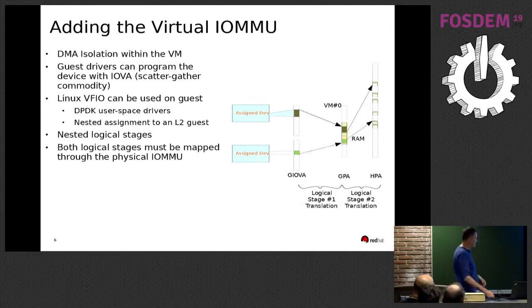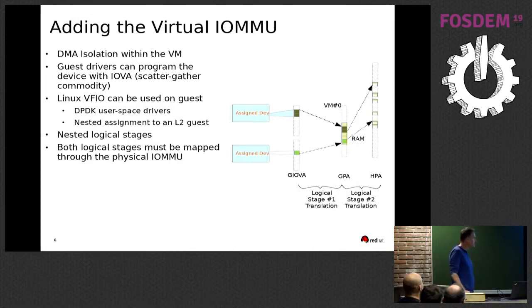And in the Linux context, this means that as you expose a virtual IOMMU, you can also use the VFIO PCI driver on the guest. This is especially useful for two important use cases.